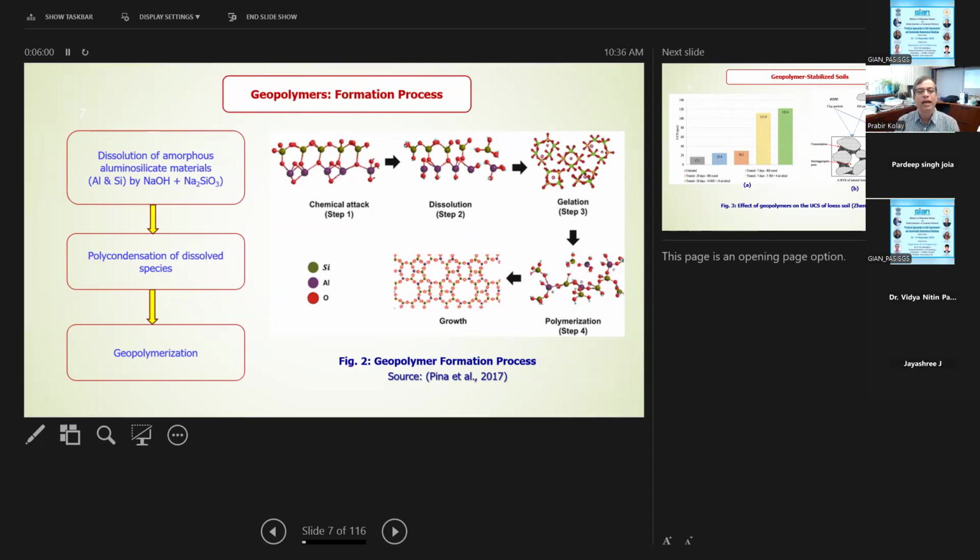So silica and alumina are dissolved by the sodium hydroxide and sodium silicate. Then the reaction takes place, polycondensation of the dissolved species follows, and the geopolymer forms. Over here you see step one, chemical attack, then dissolution, gelation, polymerization, and growth, and then the geopolymer is formed.